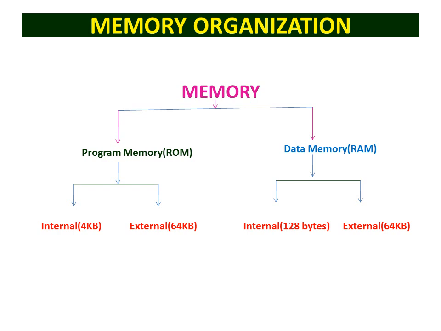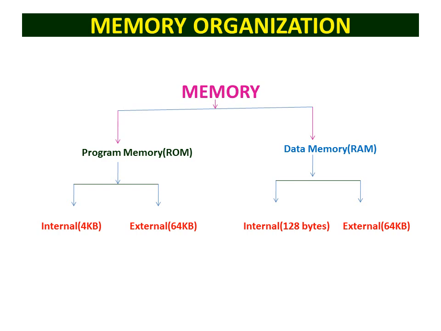The 8051 memory is divided into program memory and data memory. The program memory is known as ROM, read only memory, and data memory is known as RAM, random access memory.